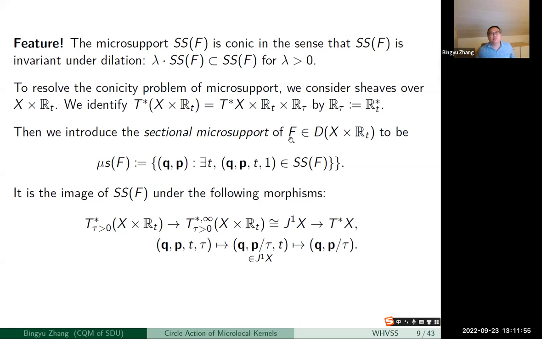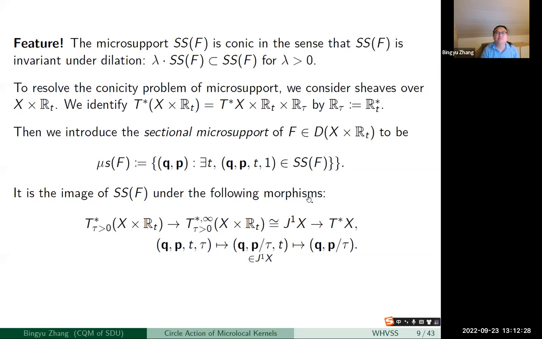Then we introduce the singular microsupport of F. It means that we first project the vector here to its infinite boundary, which is contactomorphic to the one-jet space, and then we project it to the cotangent bundle. Actually, we can also just project to the one-jet space to get some Lagrangian.